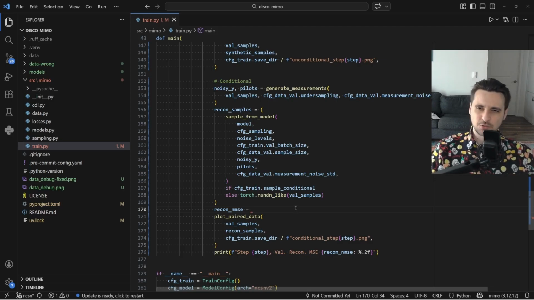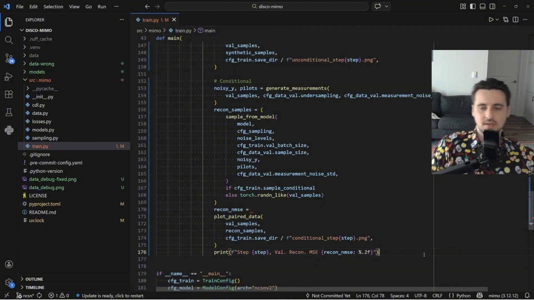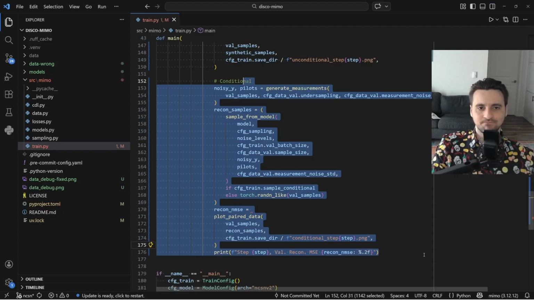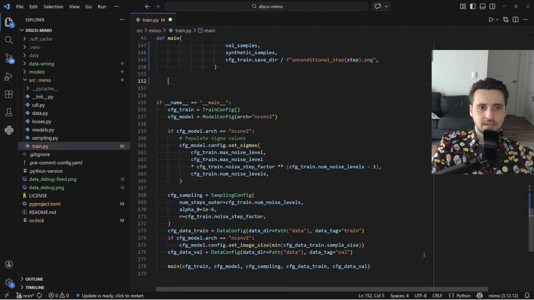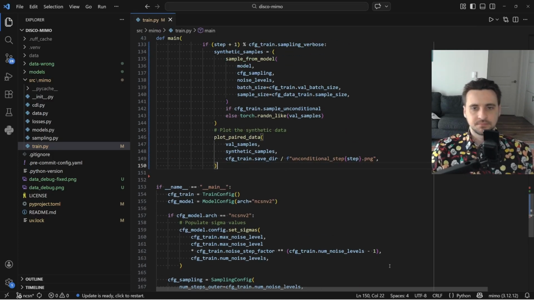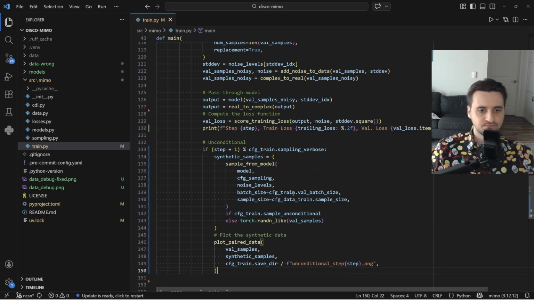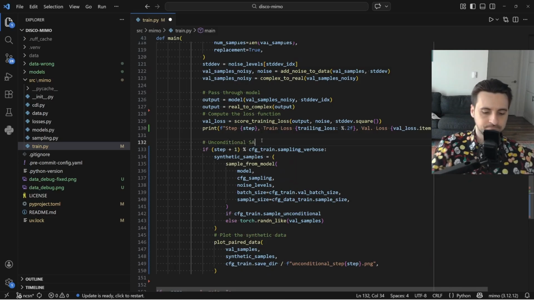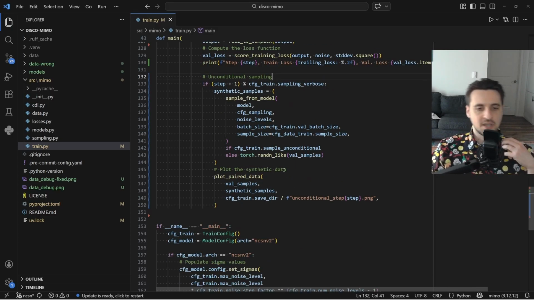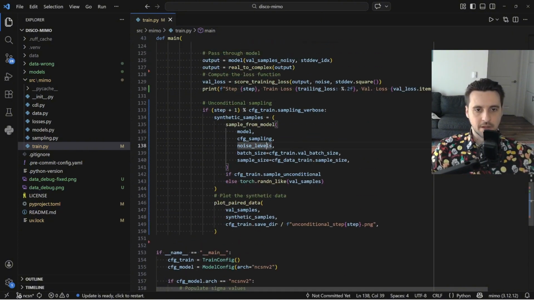Actually, you know what? This shouldn't be like this because it's dependent on the... Let me simplify this a bit. Let's just sample data. The problem is to sample data, I still need an alpha parameter, right?